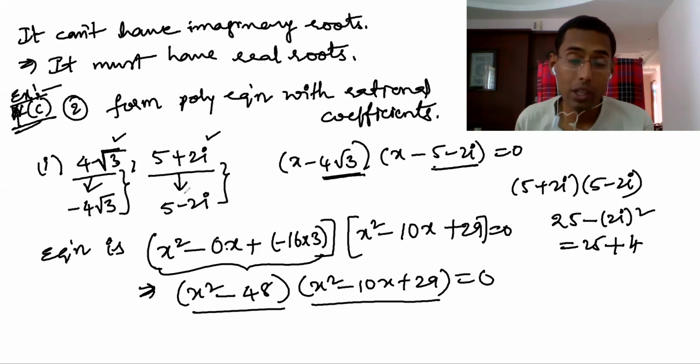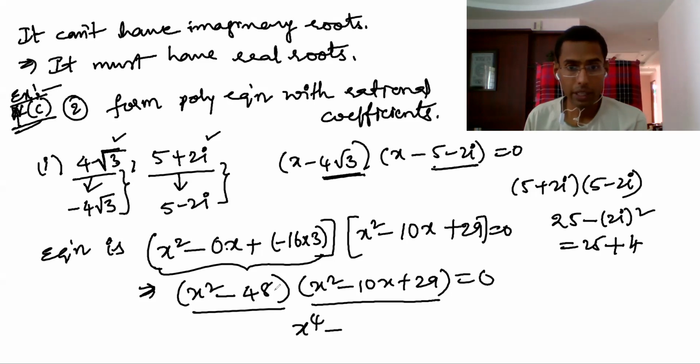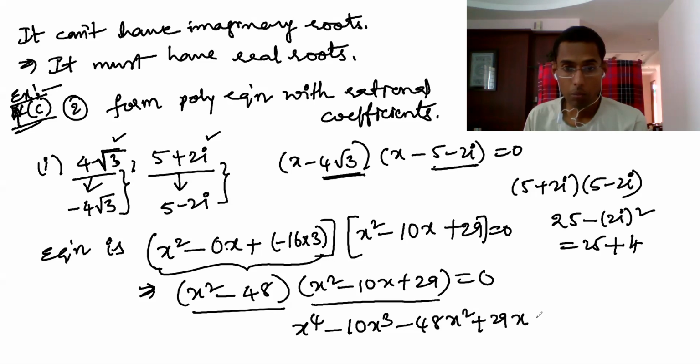If you multiply the 2 quadratic equations, I get a polynomial equation of 4th degree. So you simply multiply: x power 4 minus 10x cube, then minus 48x square plus 29x square, then minus 10x into 48, that is 480x.